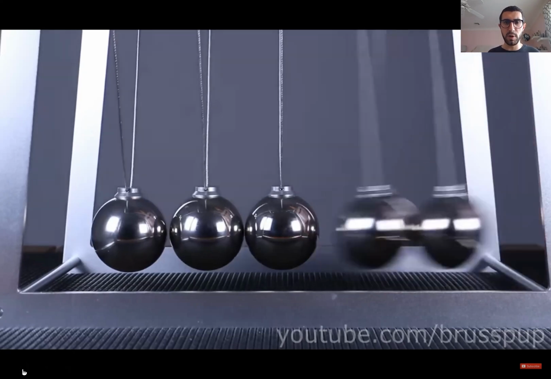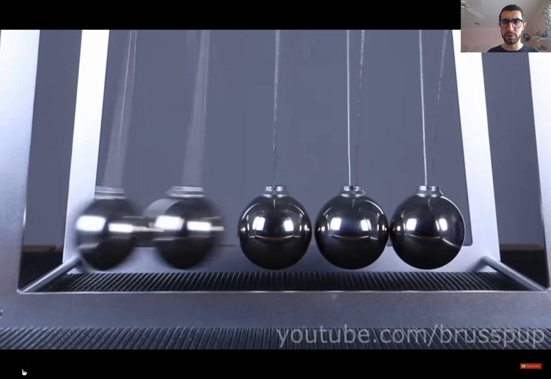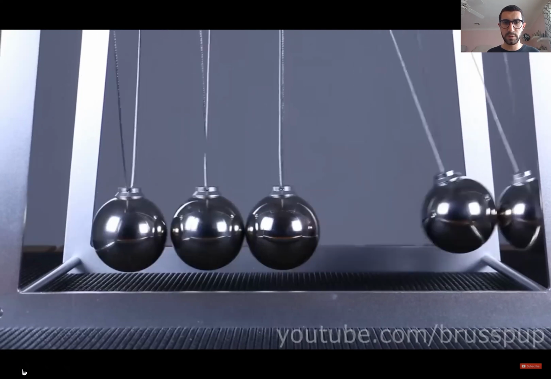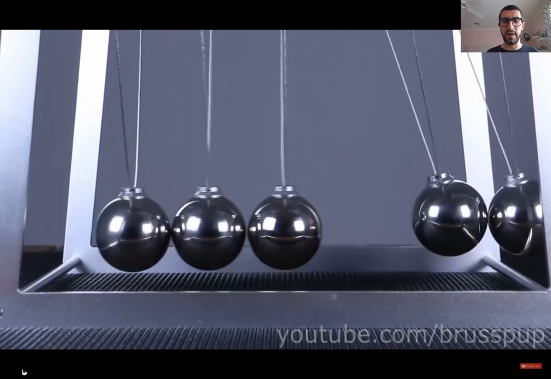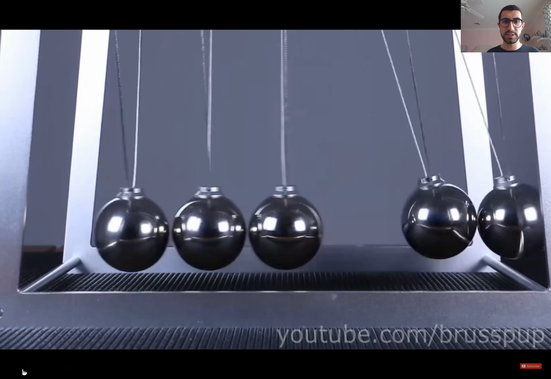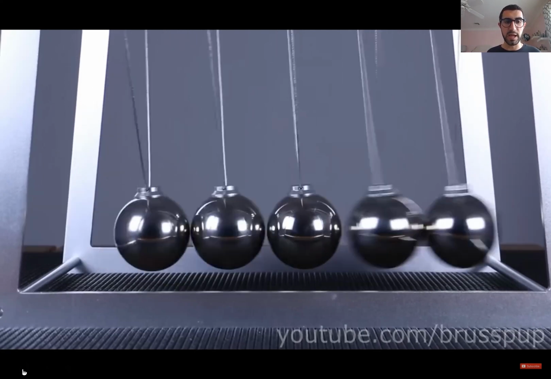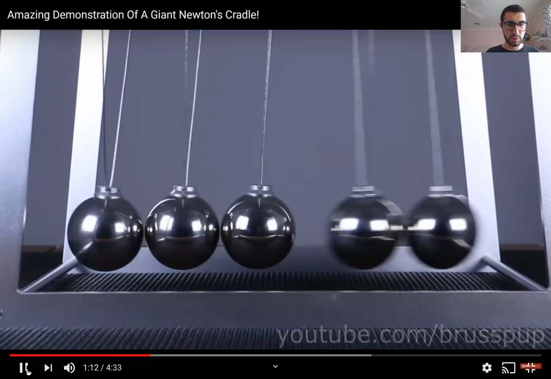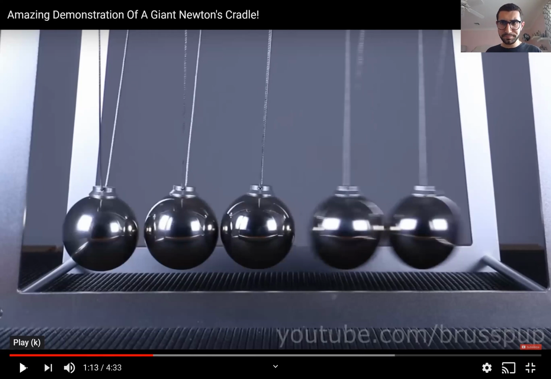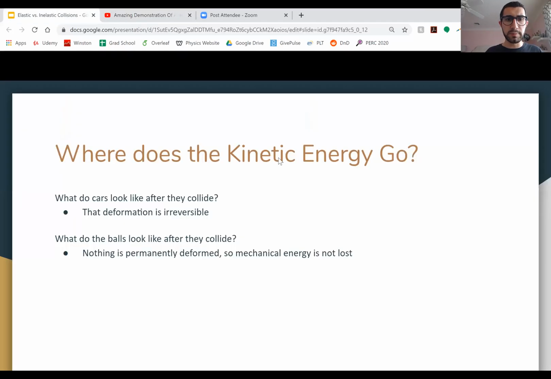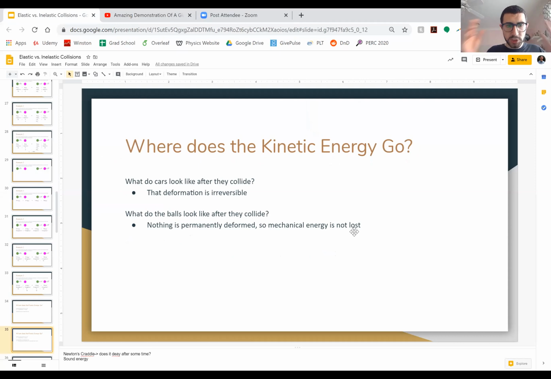So we do 2 balls, and 2 balls also fly off at the end. So here the masses are the same, and those end velocities are the same, just like we saw in our problem that we just did out.